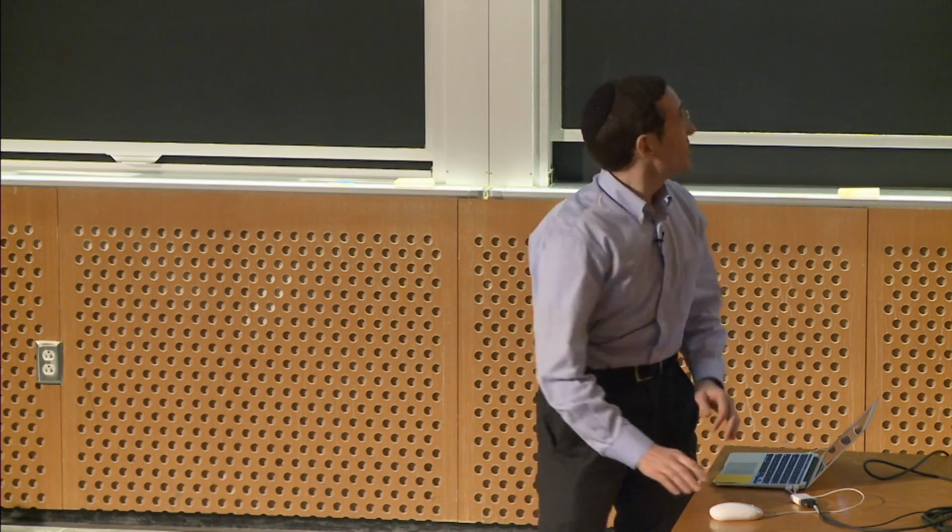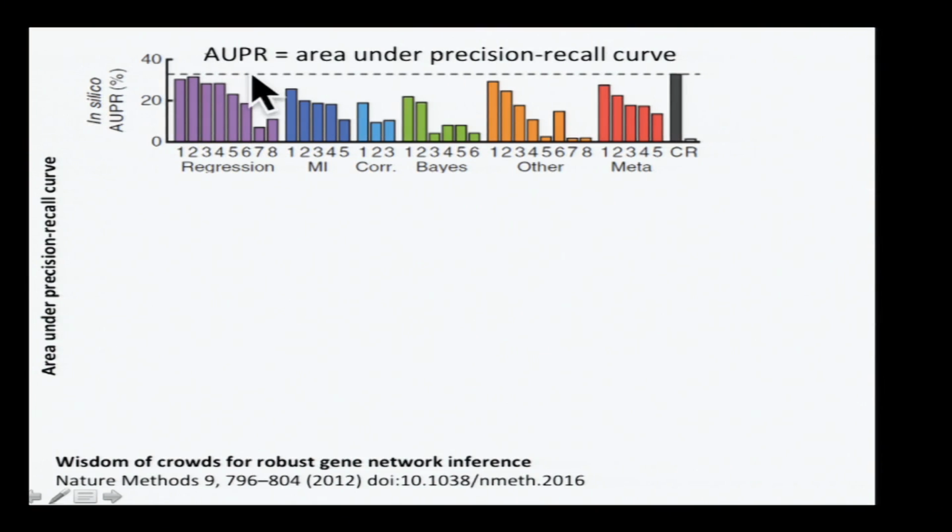So first, the results on the in silico data, and they're showing this as an area under the precision recall curve. Obviously, higher numbers are going to be better here. So in this first group over here are the regression-based techniques, mutual information, correlation, Bayesian networks, things that didn't fall into any of those particular categories.